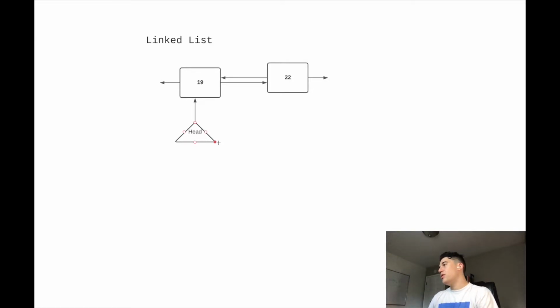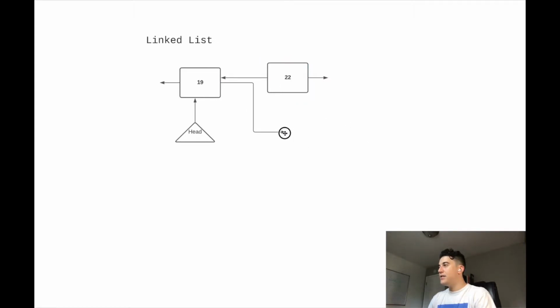So let's say we want to delete 22. We start at head and we find it using the search operation. Then we're going to follow the previous pointer of 22, which in this case points to 19. And whatever it points to, we're going to take its next value and point it to 22's next value.